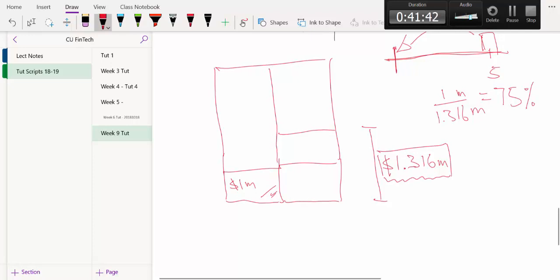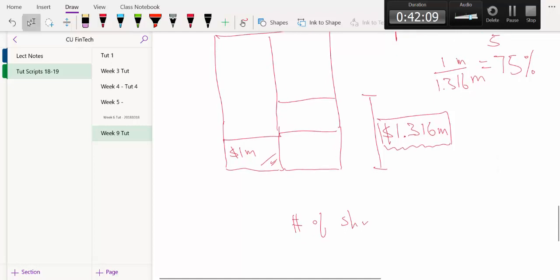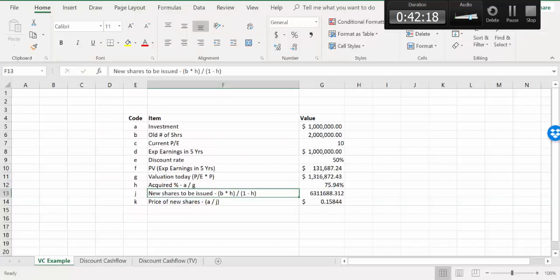First of all, there's the number of shares, and then the value, and then you just use this formula, the new shares that have to be issued.